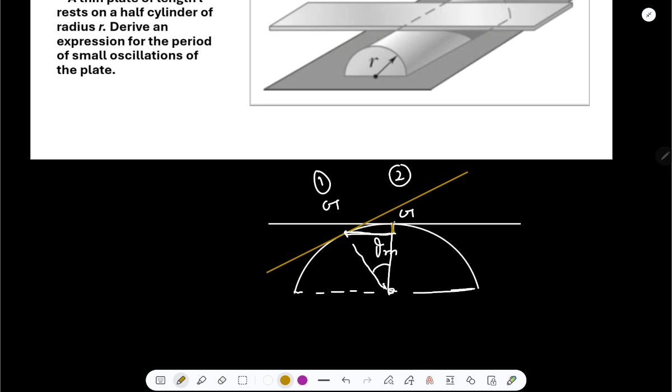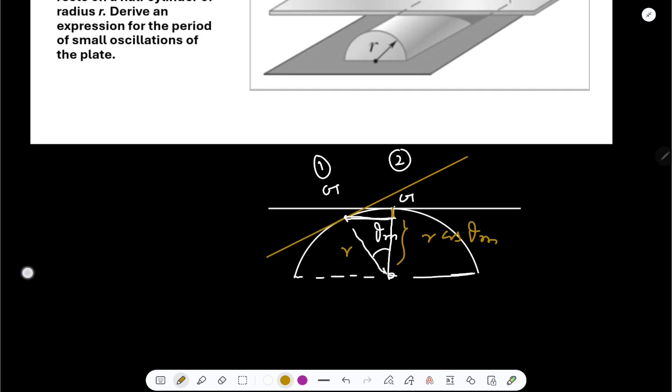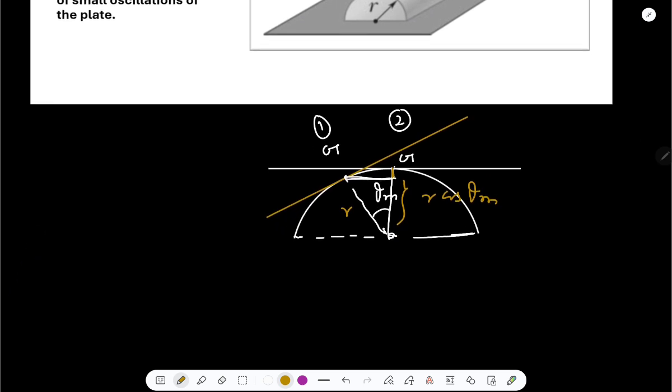If the radius of the cylinder is equal to r, then this length is r, and this length is going to be r cos theta m. So the lost height by the rod in the process is h equals r minus r cos theta m, that means r into 1 minus cos theta m.